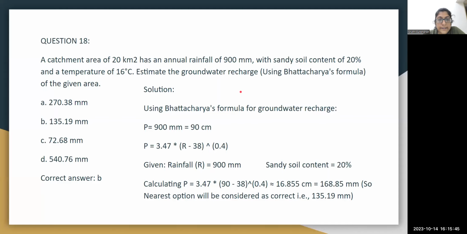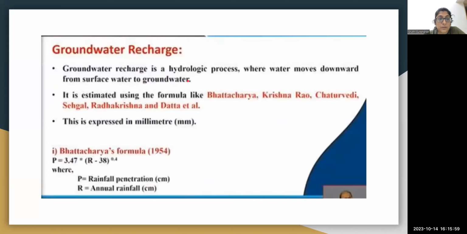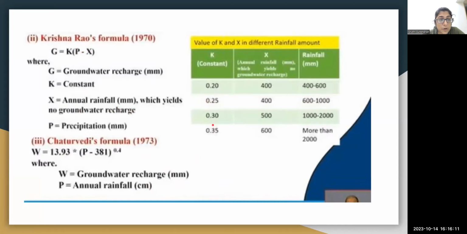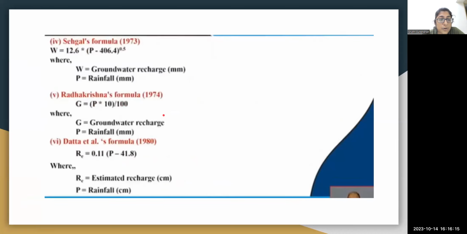In week 4, the usage of groundwater and certain formulas for groundwater recharge. For example, numericals will be given where precipitation is given and you have to find the recharge. Formulas like Bhattacharya's equation are empirical formulas, so it is important that you learn the units of the terms in these equations. There are Bhattacharya's formula, Krishna Rao's formula, Chaturvedi's formula, Segal's formula, and Radhakrishna and Datta et al.'s formula.